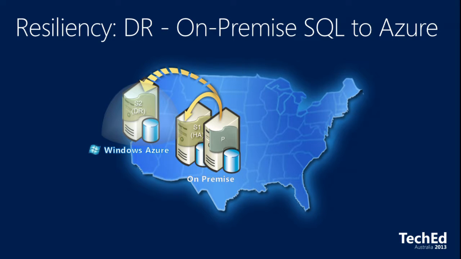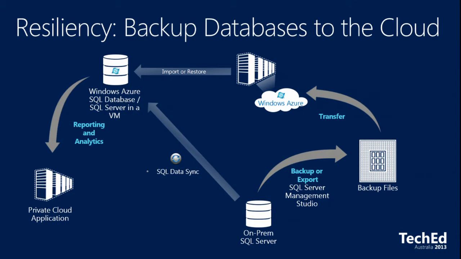The extension of that is how do I do on-premise to Azure DR for SQL Server. If you were in my session this morning, I spoke about the fact that doing geo-disaster recovery with Windows Azure SQL Database is difficult today and requires a lot of hand-rolling.